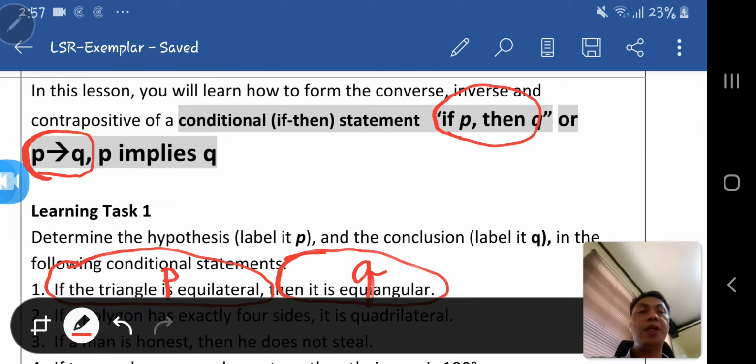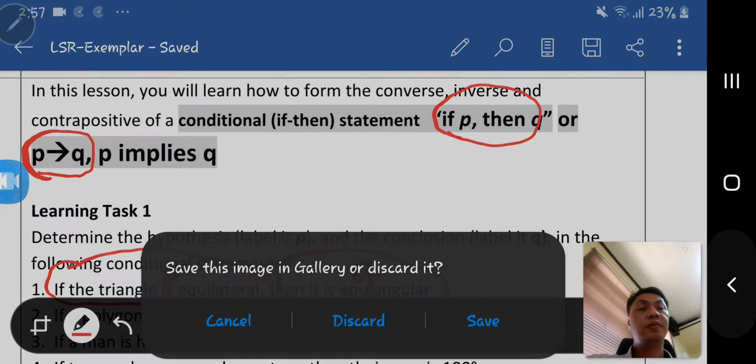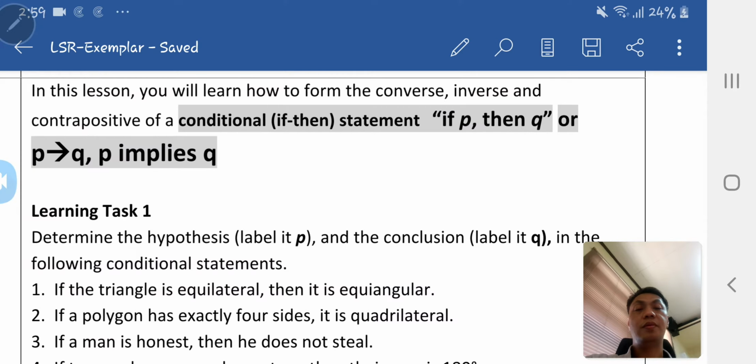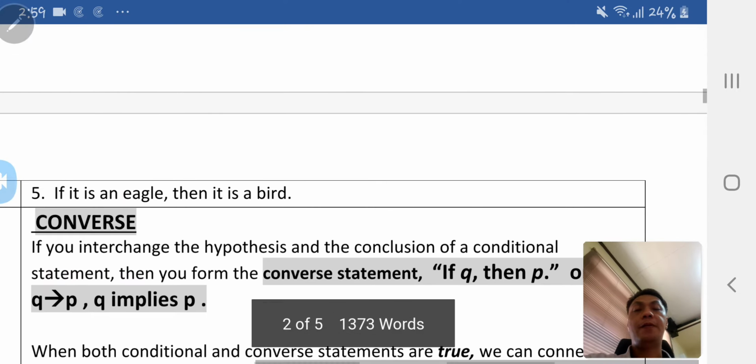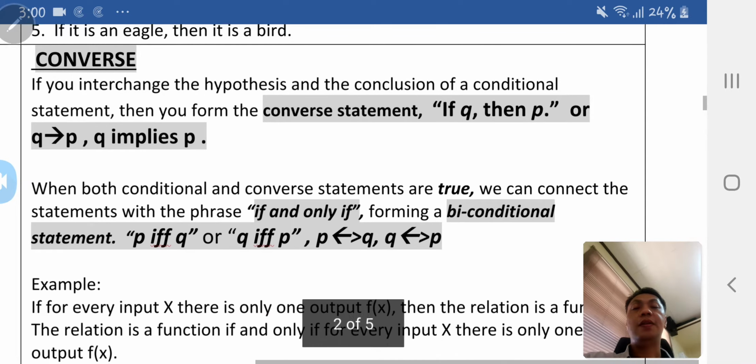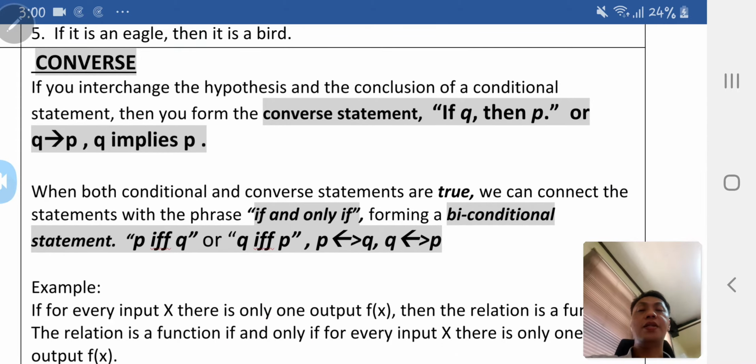Label it with P and Q. Then after that, we are going to discuss what is converse, what is inverse, what is contrapositive, and what is a biconditional statement.